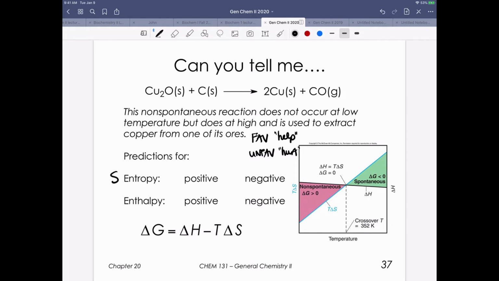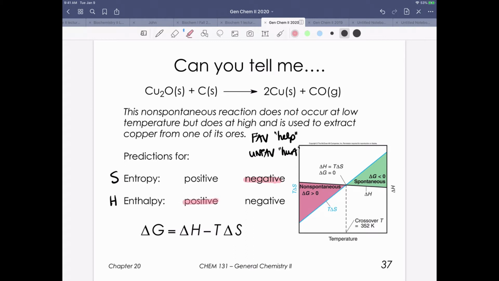Remember, entropy is the letter S, enthalpy is the letter H. We can look at this chemical reaction and get some information about whether or not entropy is favorable or unfavorable. In this case, hopefully everybody can recognize that we are making gas molecules. So we are making more gas molecules. Gas molecules move more, so entropy in this case is going to be favorable. First, let's go through here and think about what it means to be favorable or unfavorable. So if entropy is negative, that's unfavorable.